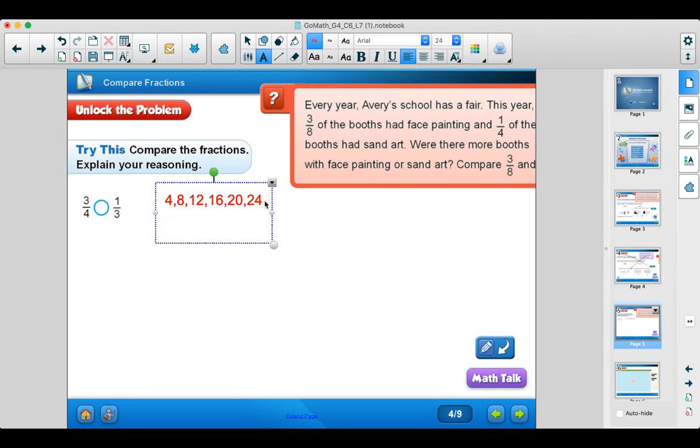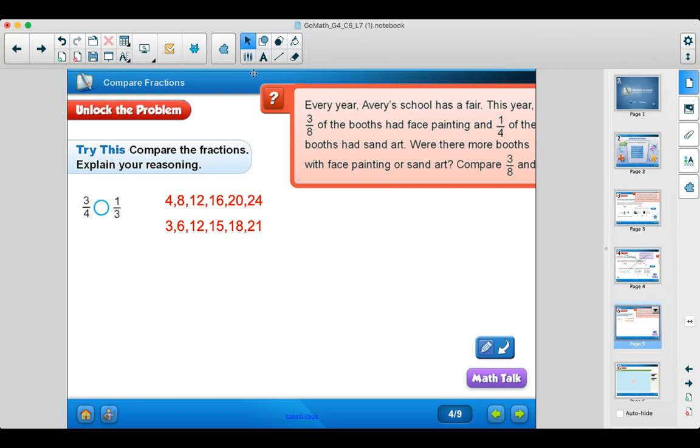Now let's do the multiples of 3. 3, 6, 9, 12, 15, 18, 21. Okay. Do we have a common multiple here? Yes, I see 12 being a common multiple. So we need to convert both of these to fractions with a common denominator of 12.